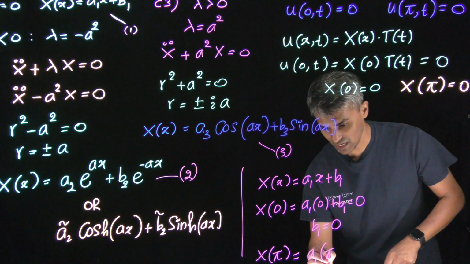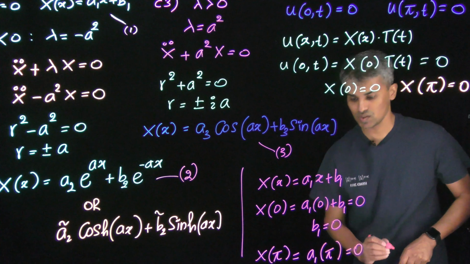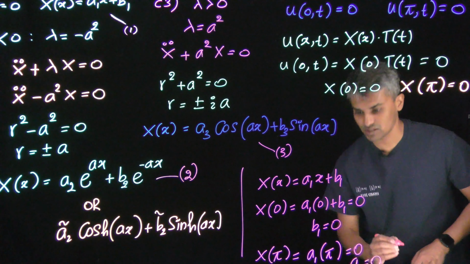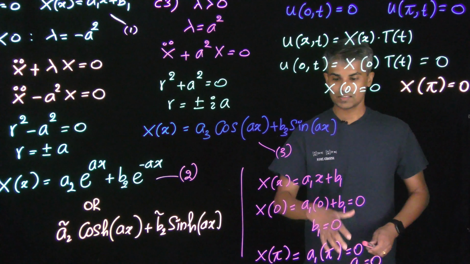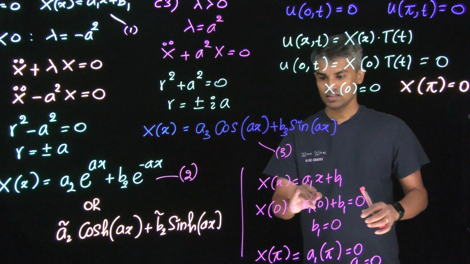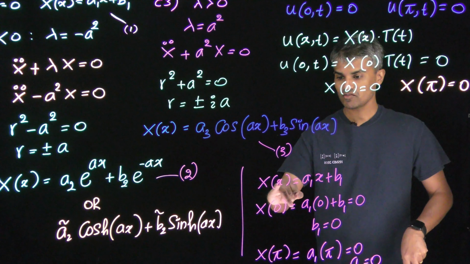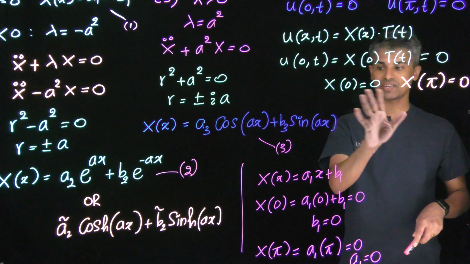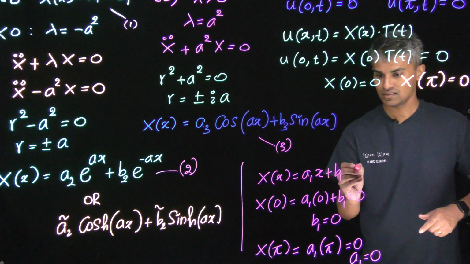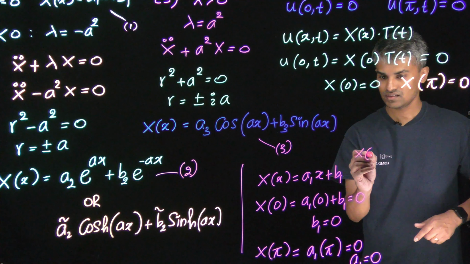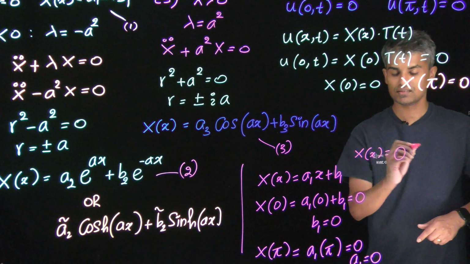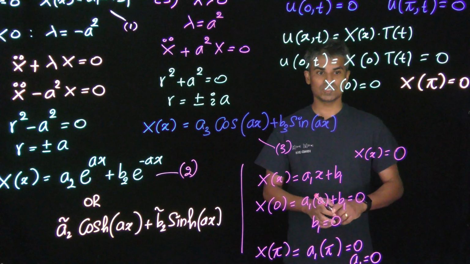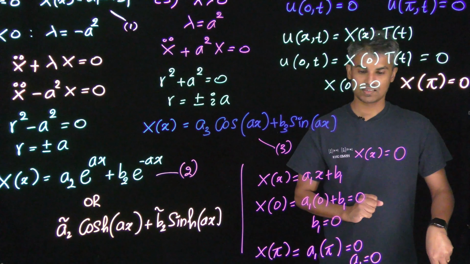So a1 times pi equals 0. From this we get a1 equals 0 as well. So this means if our big X of x equals a1 x plus b1, and if it satisfies these two boundary conditions, then big X of x should be equal to 0. So this is the trivial solution.